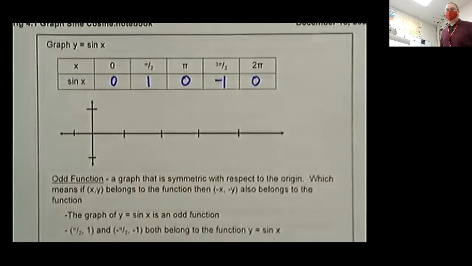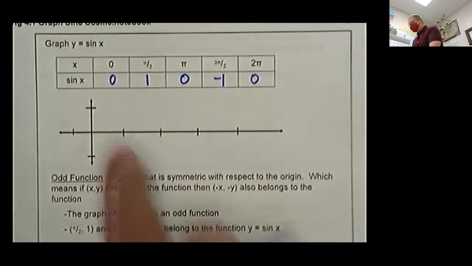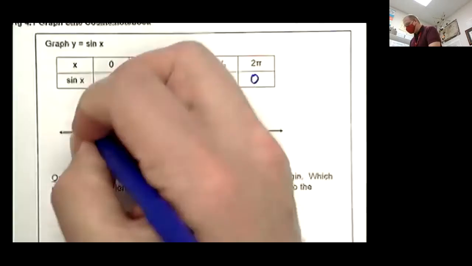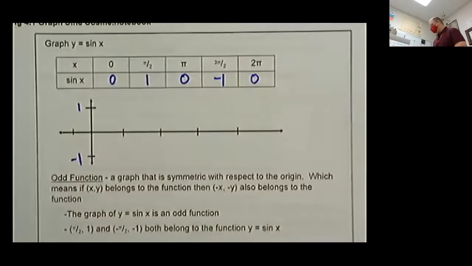Well, now we're going to make a sketch of that graph. To make our sketch, we're going to sketch an x-axis. We're going to sketch our maximum value, which is 1, and our minimum value, which is -1. Then we're going to plot out our main values. As we do our graphs, we're going to usually plot out the midpoint, the starting value, the ending value.